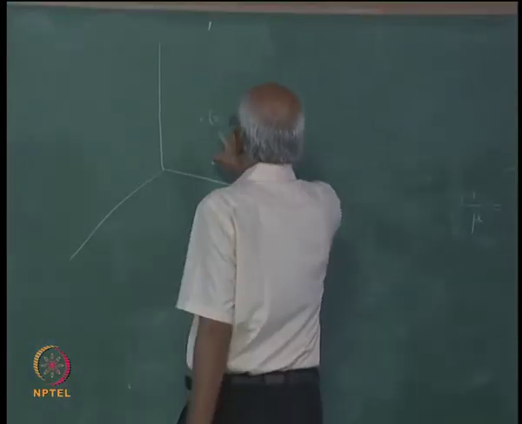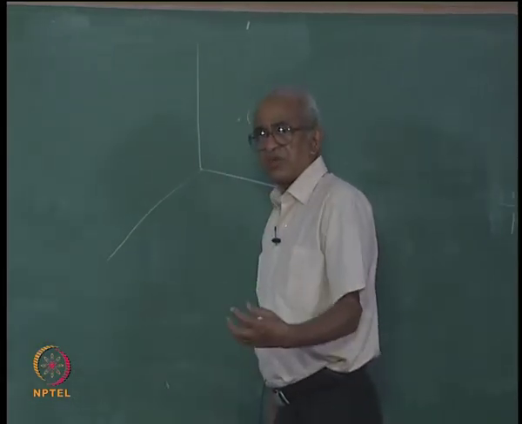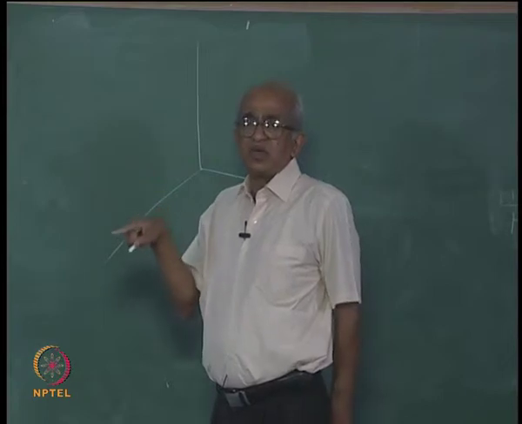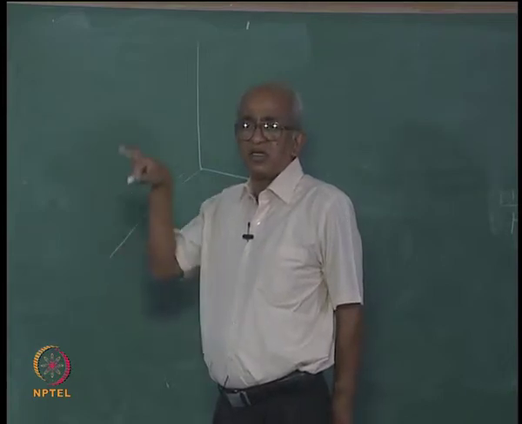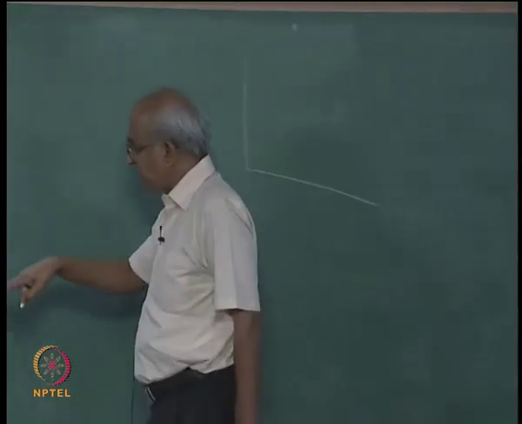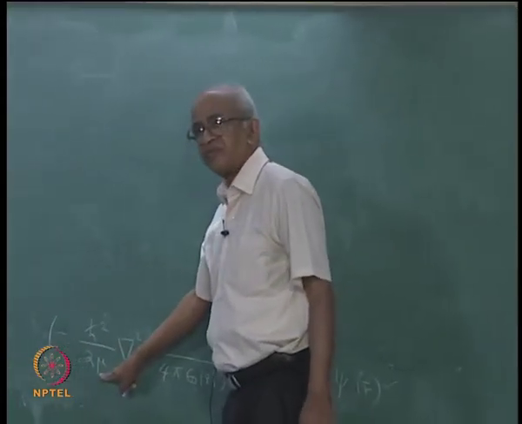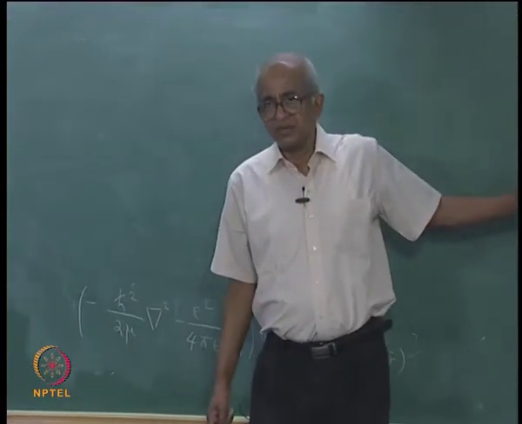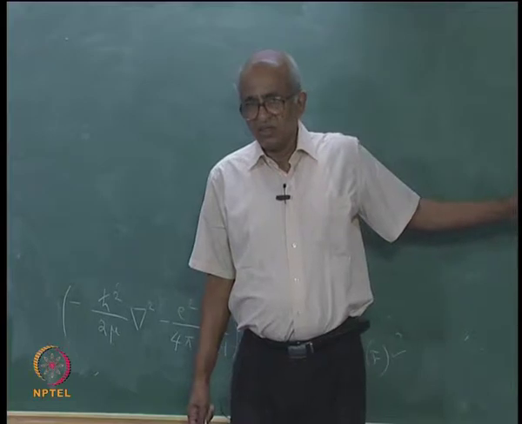What will be the kinetic energy of the particle, or the operator corresponding to kinetic energy? It is going to be minus h cross square divided by 2 times the mass of the particle into del square. So, if I imagined a particle of mass mu, then this will be exactly the kinetic energy of such a particle, right.